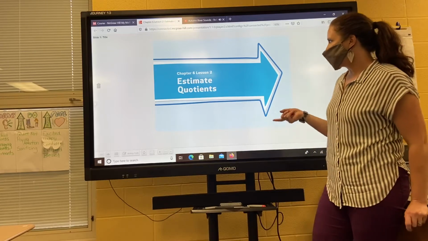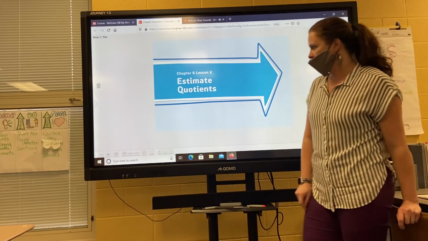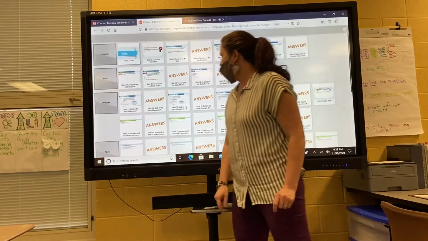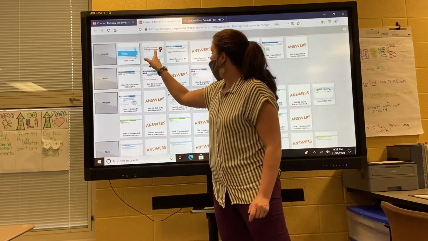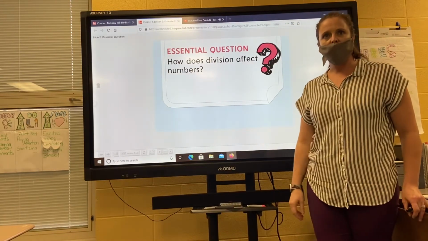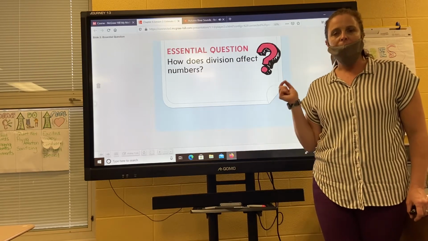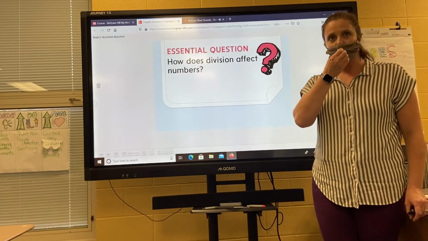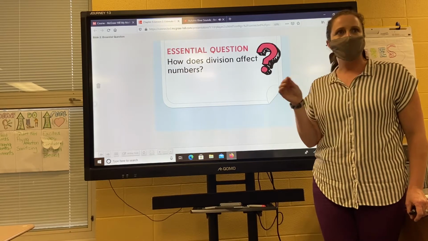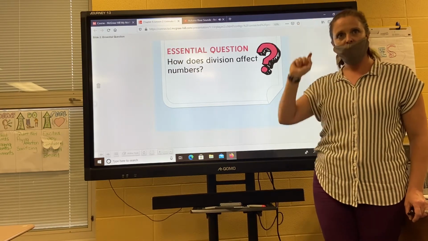Right, here we are, chapter 6, lesson 2, estimate quotients. Our essential question is, how does division affect numbers? Yesterday we talked about multiplying or dividing by a multiple of 10. If we know what 14 divided by 7 is, it's 2.